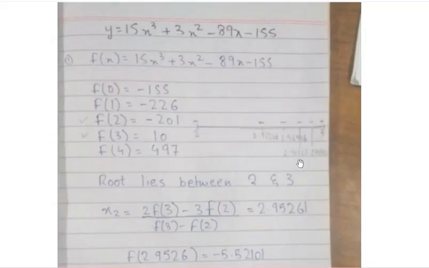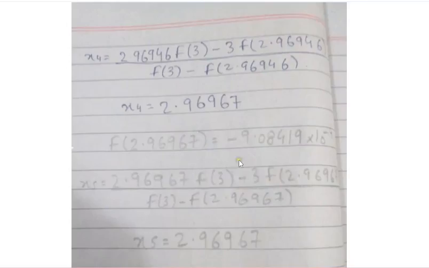I have written here x5, so again I will let you know how to write the formula for regula falsi. So now we will apply the formula for x5, which is 2.96967 into f of 3 minus 3 into f of 2.96967 divided by f of 3 minus f of 2.96967, as you can see, which is written here.